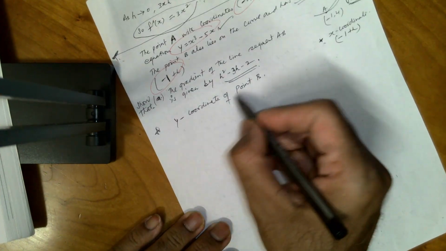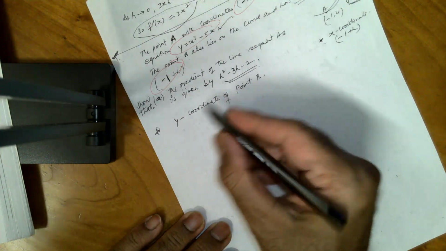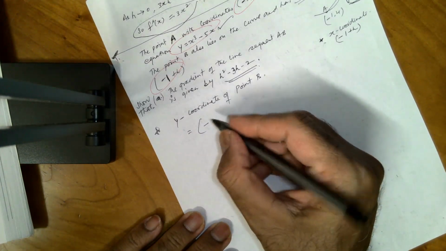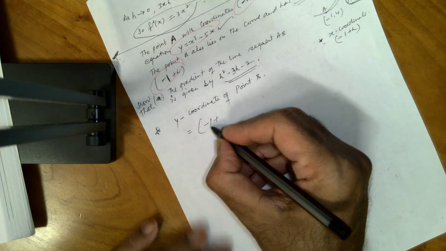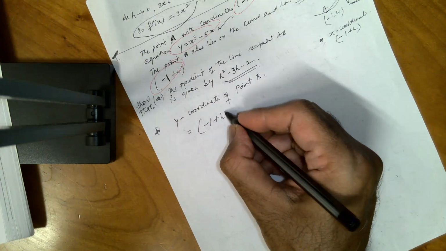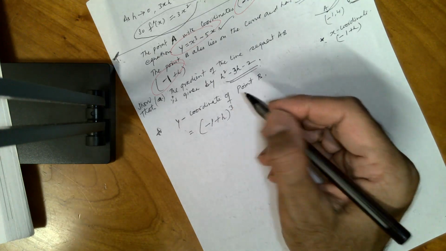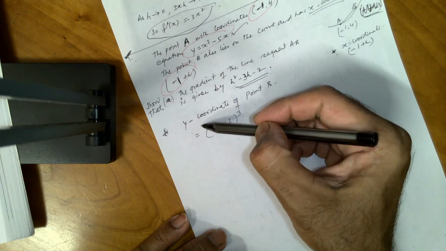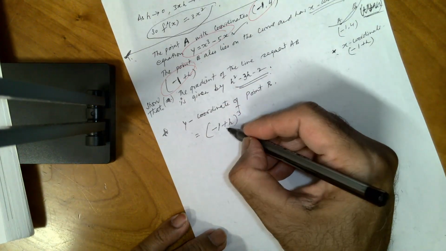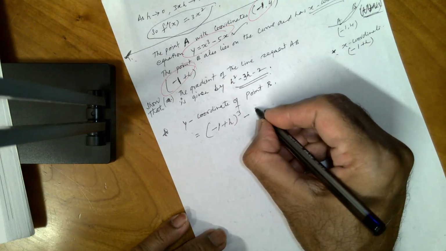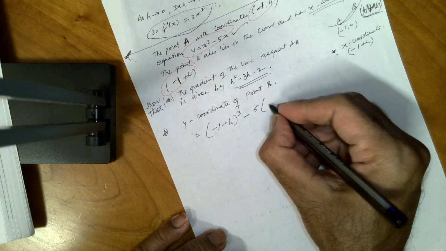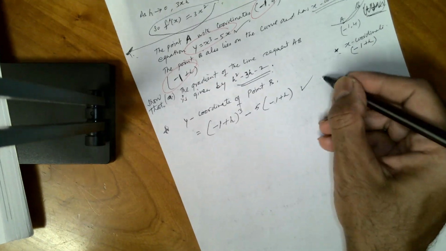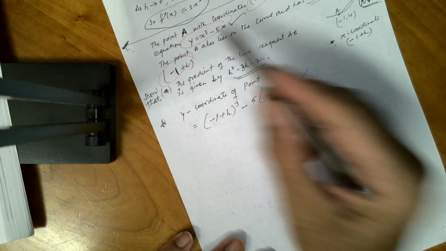The y coordinate of point B can be written as x, which is -1 plus h, cubed, from the equation. x has already been given to you, y we need to find out. You insert the value of your x in there, and you get minus 5 times -1 plus h. It's clear so far? That's your equation.